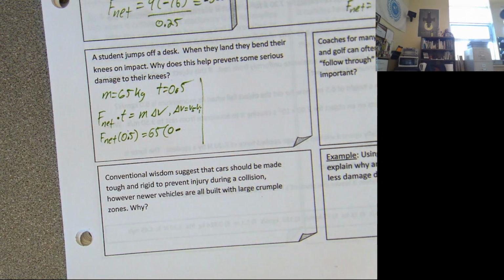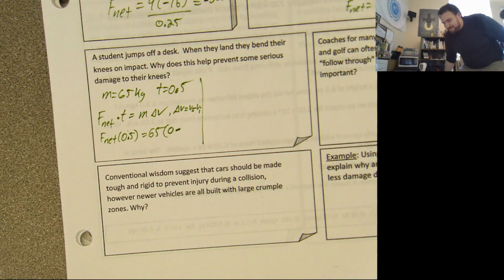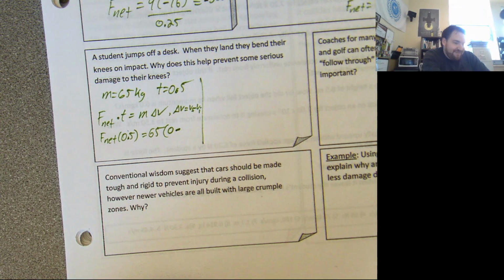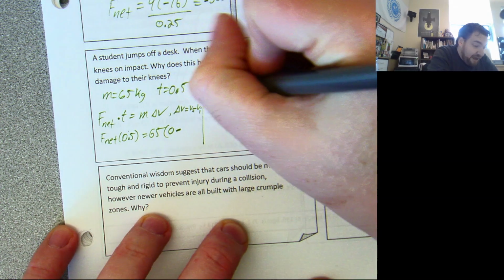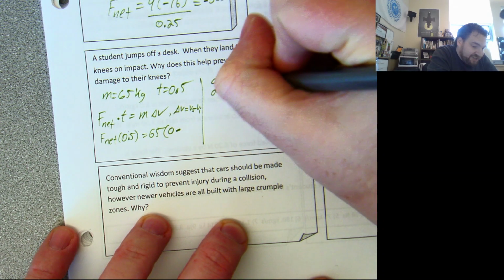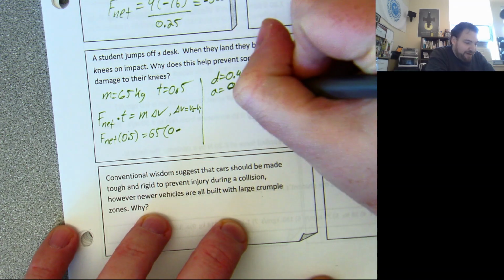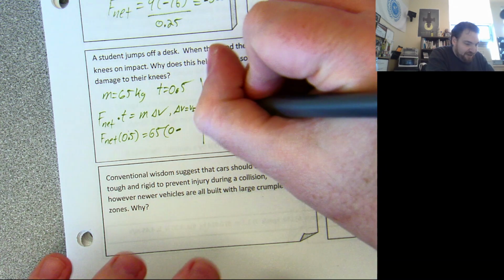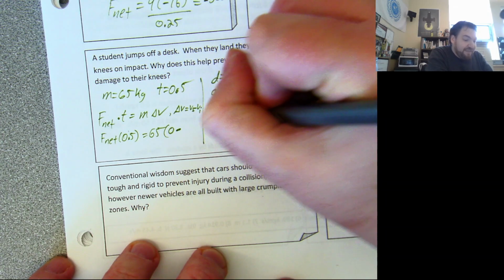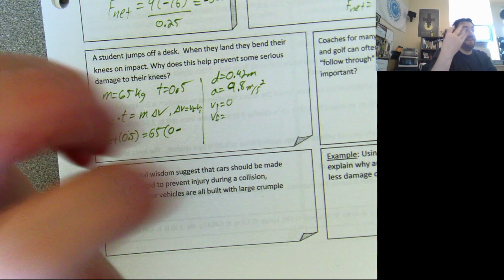I fell 0.42 meters. I fell under the acceleration due to gravity, 9.8 meters per second squared. The initial velocity for my fall was 0. Let's find the final velocity of my fall so that I can find the initial velocity of my stopping.